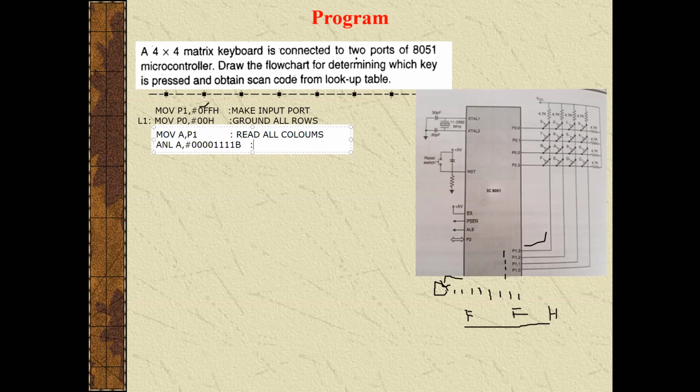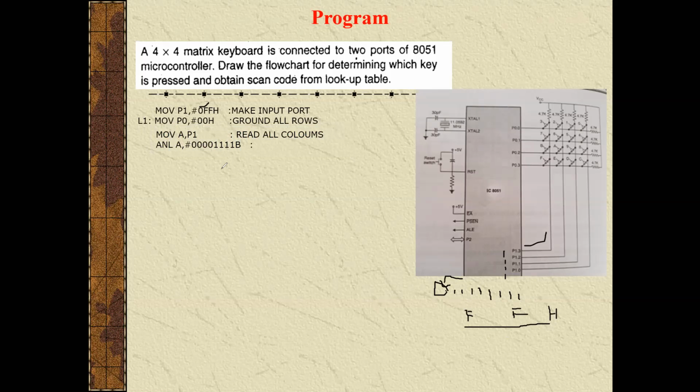Why are we doing this mask operation? We are interested in only these 4 pins of port 1, so the remaining pins we make 0.